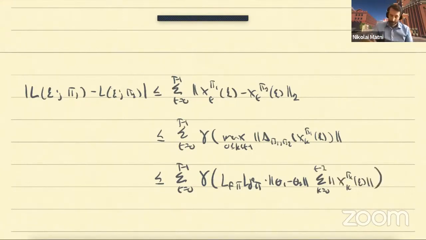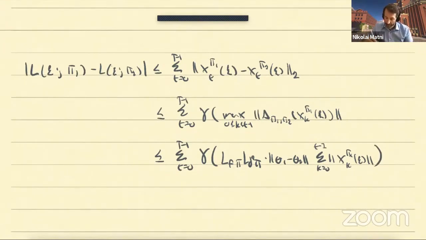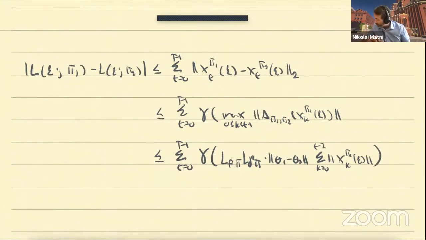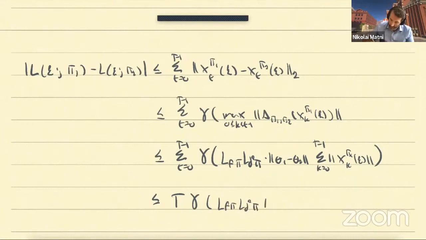You'll notice that I can upper bound what's in the sum here. I can replace the little t minus 1 by a capital T minus 1. So now what's inside of this doesn't depend on little t anymore. So this is immediately less than or equal to T times gamma of all this stuff: LF, L squared pi, theta 1 minus theta 2.